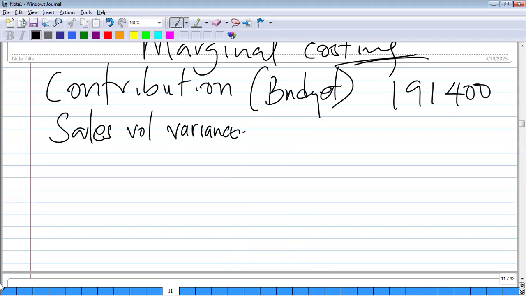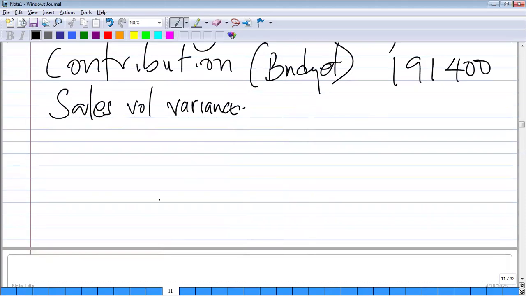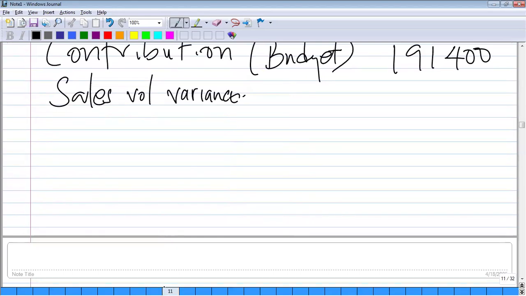And how do we get the sales volume variance?